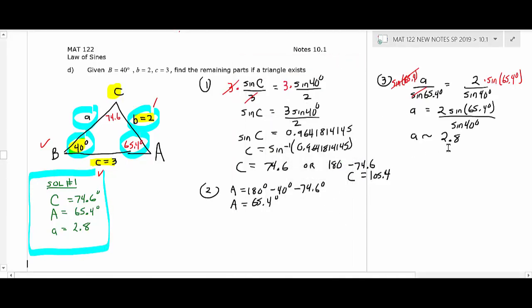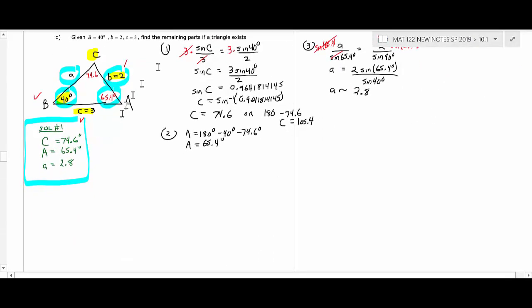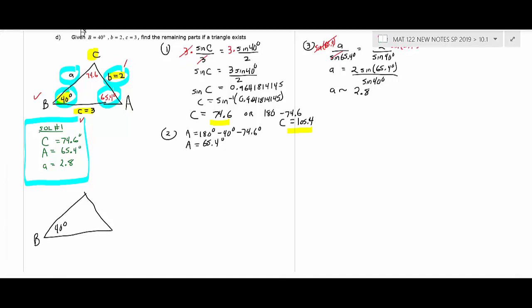Okay. So there is going to be a solution 2. Here's why. Okay. The idea is you had angle C could be either of these two. So what we're going to do is we're going to kind of start over again. And we started with angle B is 40 degrees. Now I'm going to call this angle C. I'll try to draw this to scale the best I can, but I don't really have to.